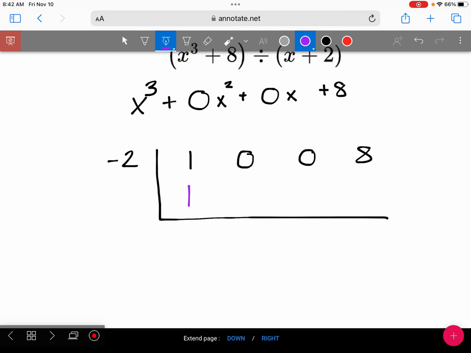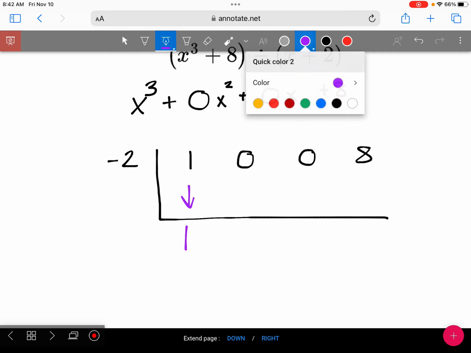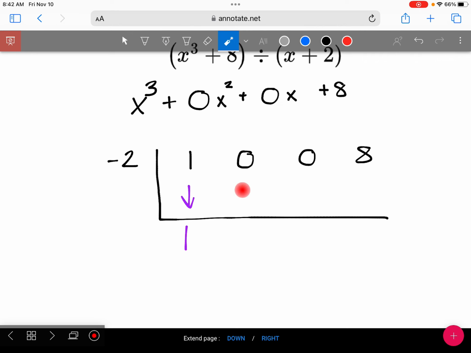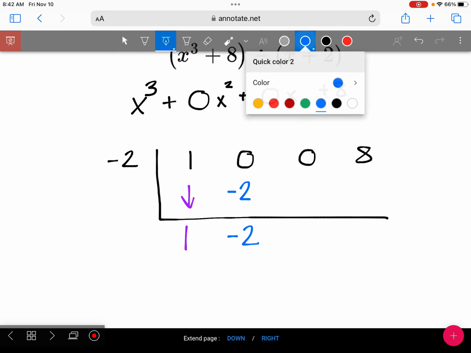First term always drops it like it's hot. Love a Snoop Dogg reference. What's going to go here? Negative 2. We add 0 plus negative 2, and we get negative 2. That one's boring.